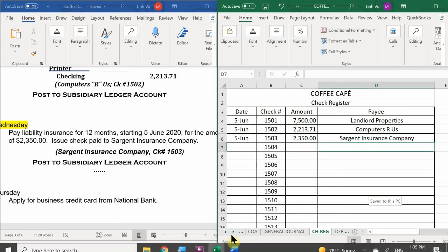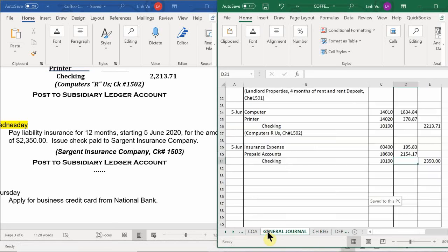Good. Now we have to take that and put it in our description, because that's what we know here. If you wrote this and didn't write a description, it's going to be like, well, you paid for insurance. What kind of insurance did you pay for? Who was the insurance company? So that's what you put here: I wrote a check to Sargent Insurance Company.